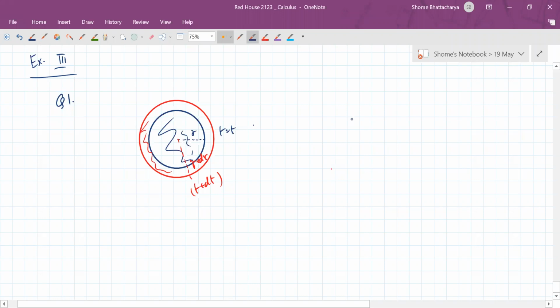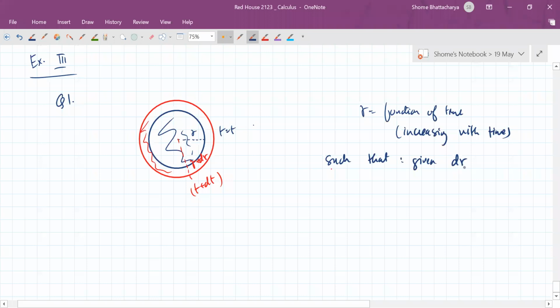So you can see that radius is some kind of function of time. It's increasing with time. Okay. Such that it's given in the question that the rate at which the radius is increasing is equal to whatever, half a millimeter, so 0.05 centimeters per second.